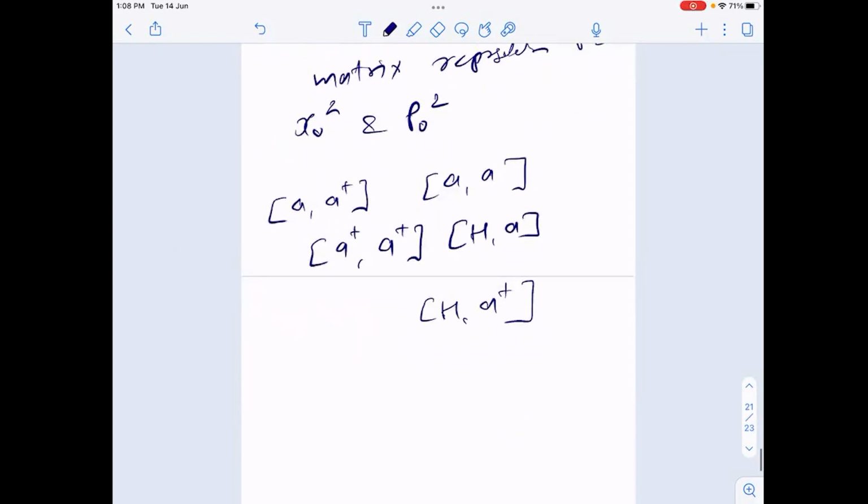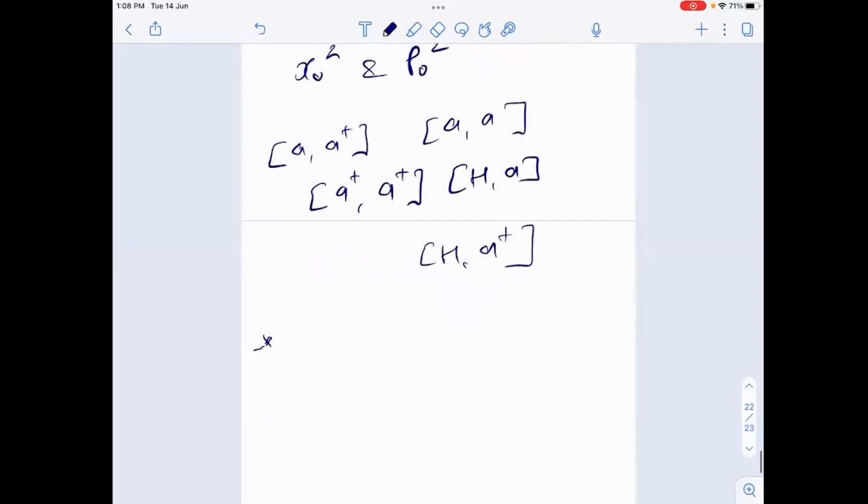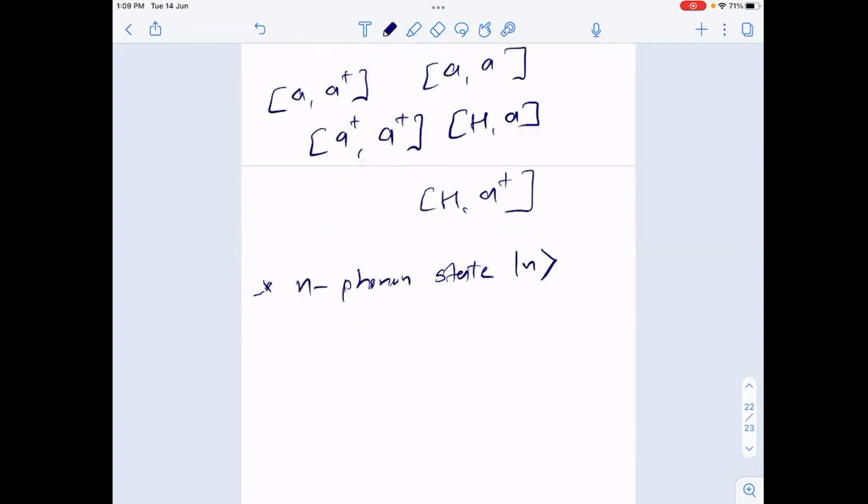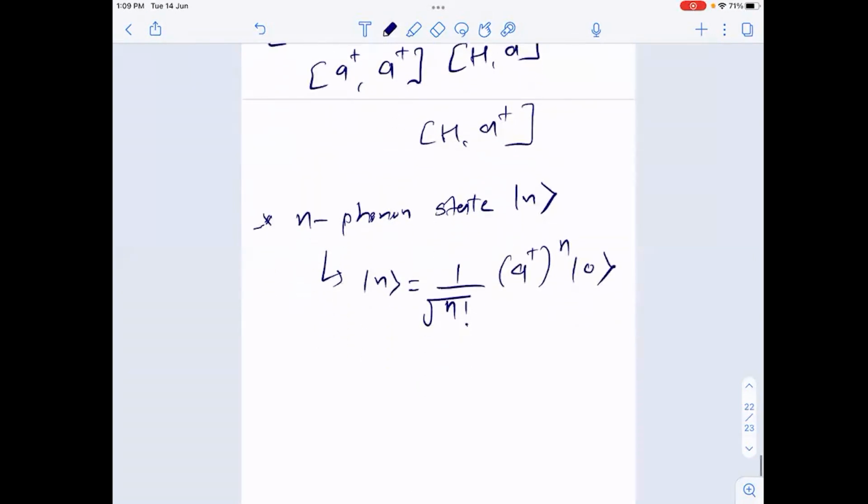Okay, and one more problem for ground state using the Dirac's notation. I'm giving it to you for, let's say, the nth phonon state. For the nth phonon state |n⟩ of the simple harmonic oscillator or linear harmonic oscillator, the state vector is given by 1 upon √n factorial (a dagger)^n |0⟩. You know what is a dagger?